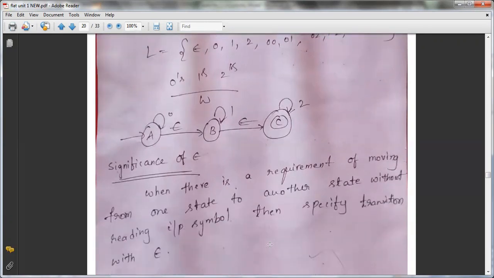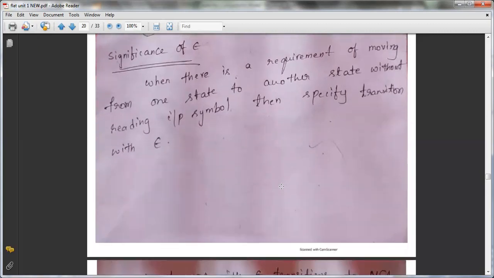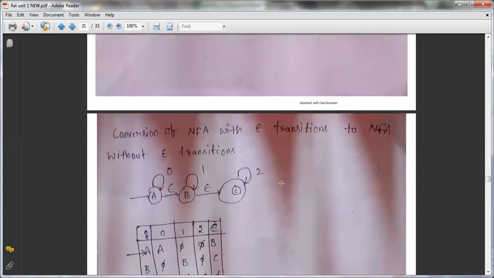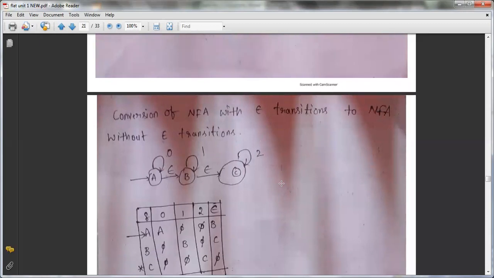When there is a requirement of moving from one state to another state without reading an input symbol, then specify the transition with epsilon. So in the NFA, we are going to have the epsilon transitions. We are going to convert an NFA with epsilon transitions into an NFA without epsilon transitions.